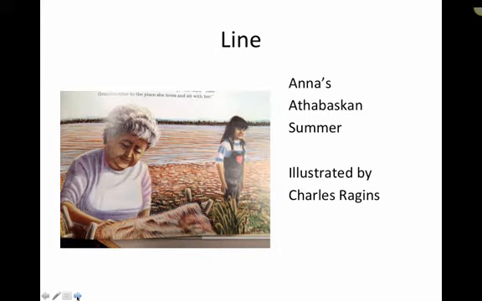Line is an element that we find in most art. I chose this book, Anna's Athabascan Summer, to talk about line because in this lovely book, it's about being out on the river during the fish camp time. And the river that you can see flowing horizontally with the lines and the line of the horizon pretty much flows through the book.